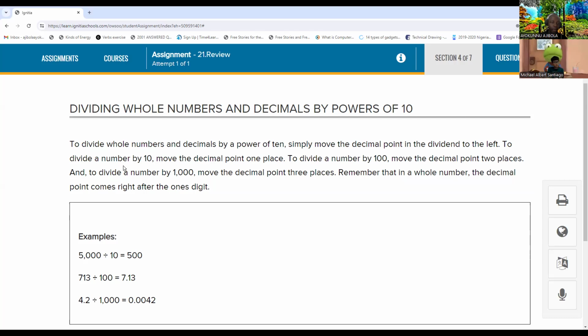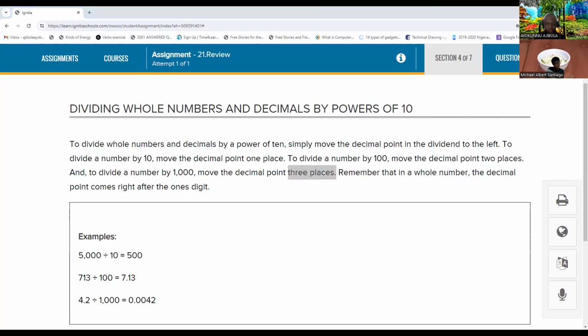To divide a number by 10, move the decimal point 1 place. To divide by 100, move the decimal point 2 places. And to divide a number by 1,000, you move the decimal point how many places? Yeah, 3 places. That's correct.